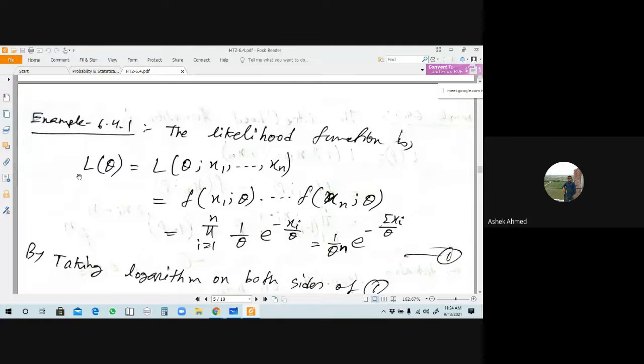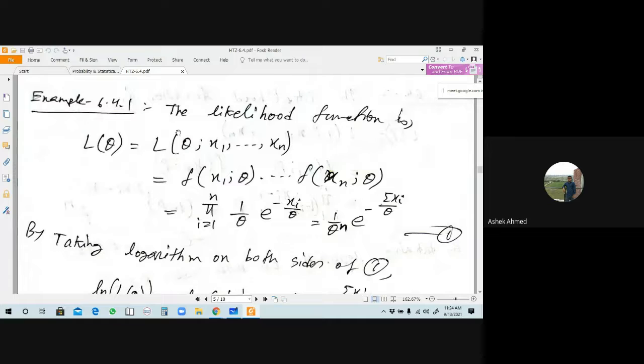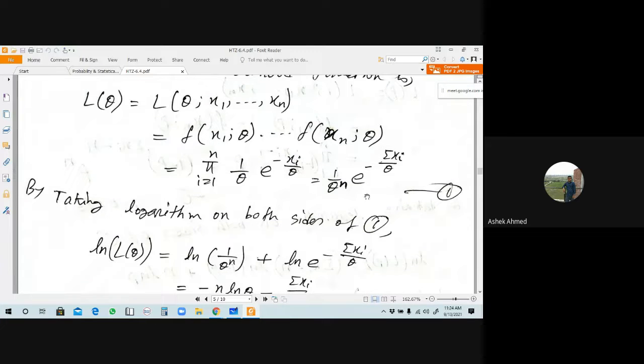In every problem from these topics, for one parameter, you have to solve the problem using this function. At first you have to find out the maximum likelihood function, that is this concept.